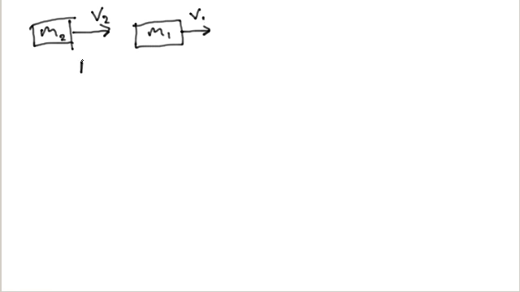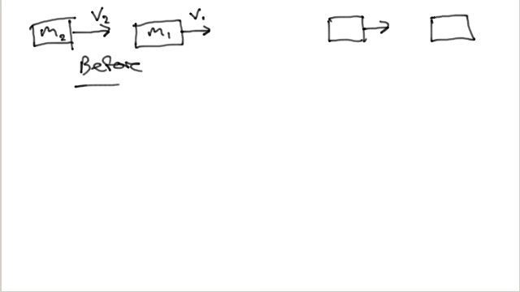This is a before picture, and in the after picture they're both moving forward at different velocities, different from each other and different from what they were originally. And in between they had an elastic collision.